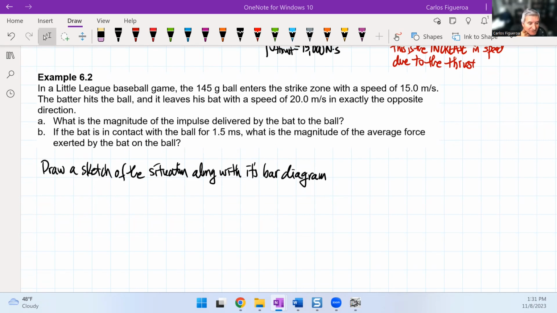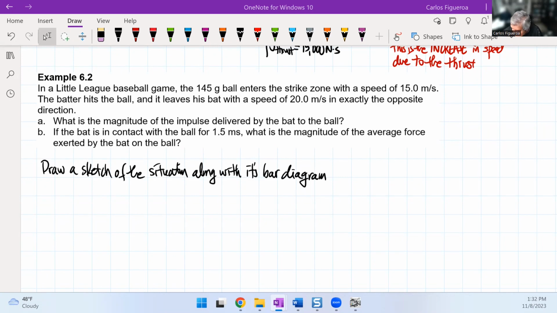Okay, let's start looking at this thing. So when I look at this thing, what is the focus of the question? Note, we're talking about delivered by the bat to the ball. Our focus is the ball.